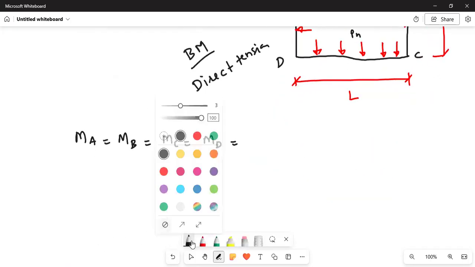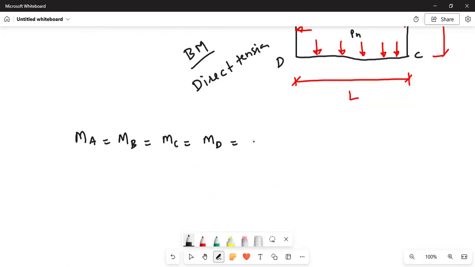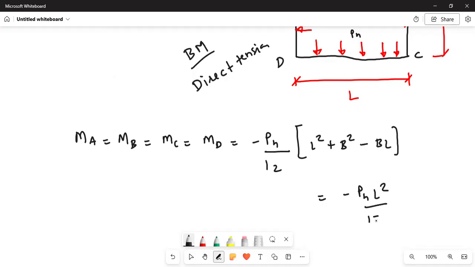The bending moment at the corner is given by minus PH divided by 12 times L square plus B square minus BL. If it is a square bunker, then the formula will be PH L square by 12. If it is a rectangular bunker, then you need to refer to this formula.